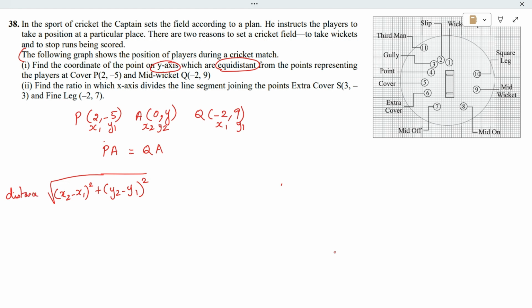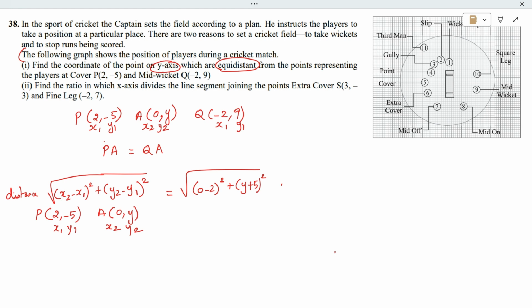Okay, so here the point P is 2 comma minus 5 and the point A is 0 comma y, and I have represented the coordinates here. Okay, I have labeled it as x1 y1 x2 y2. So this will be root of x2 minus x1, so 0 minus 2 the whole square plus y minus of minus 5, which will be plus 5, the whole square, isn't it?